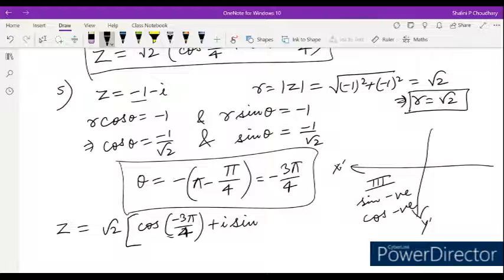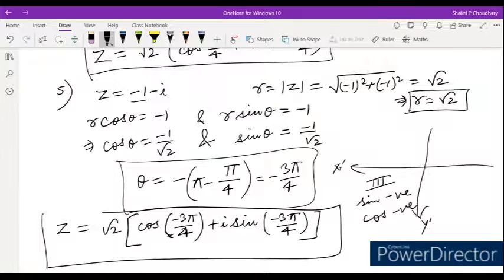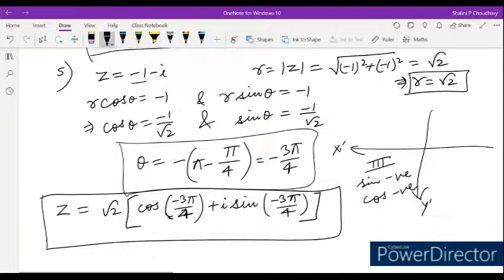So theta will be equal to -3 pi upon 4. Okay, so this will be the answer in polar form. Question number 5 के लिए.